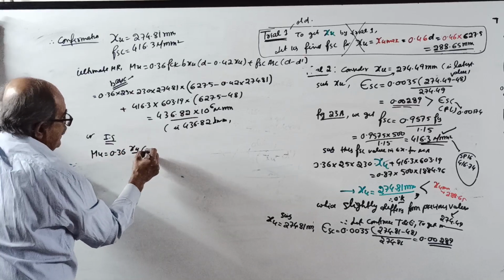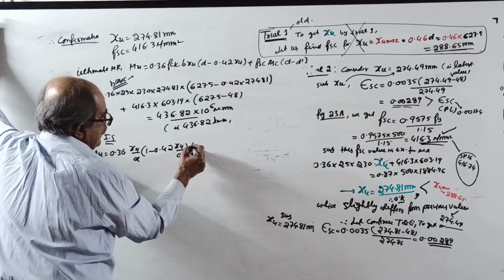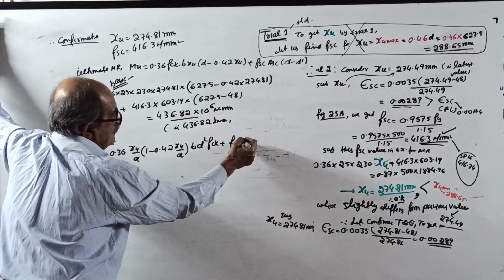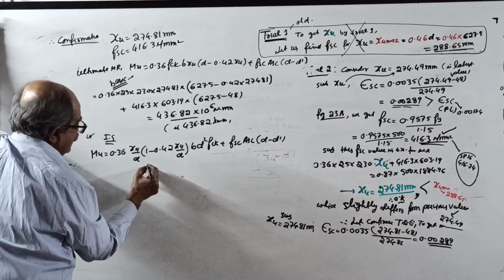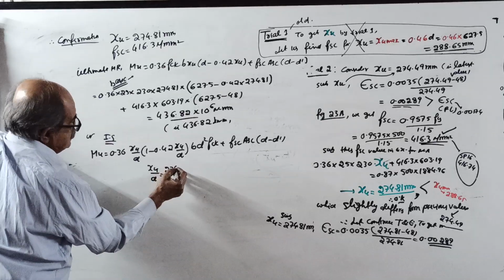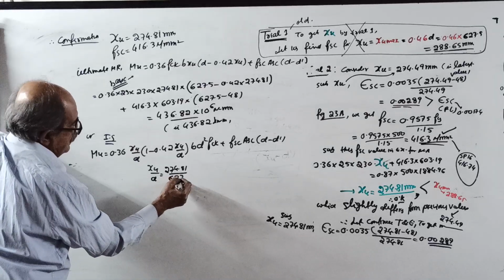Okay. Or if you use the code version, MU equal to XU by D into (1 minus 0.42 into XU by D) into BD square, plus FSC AC into (D minus D dash). There is a reason for this one. It is not for time pass. But here you first find XU by D equal to 274.81 by D, which is 627.5.